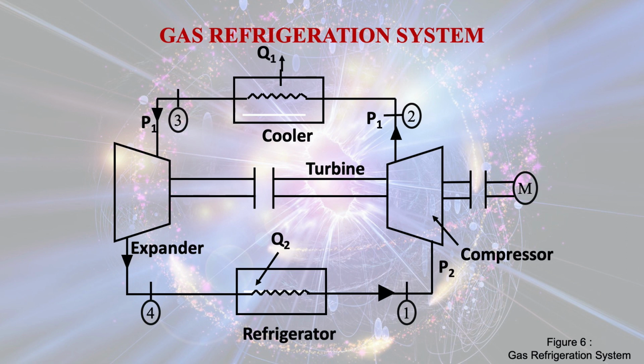After that it is passing through the expander. Instead of turbine we will say expander, because expansion takes place, and because of the expansion the pressure decreases and the temperature will also decrease. So 3 to 4 is the process which is going on through the expansion process.